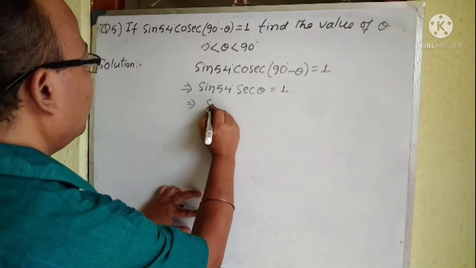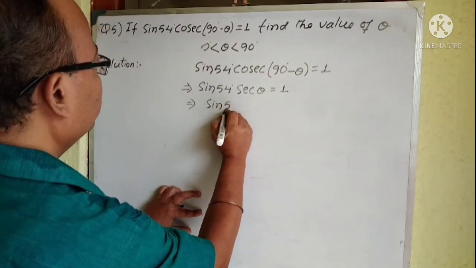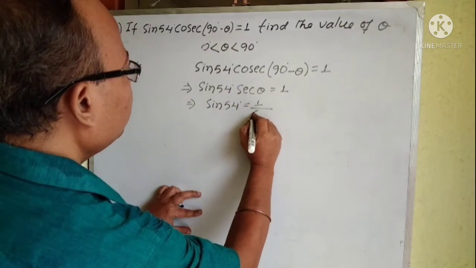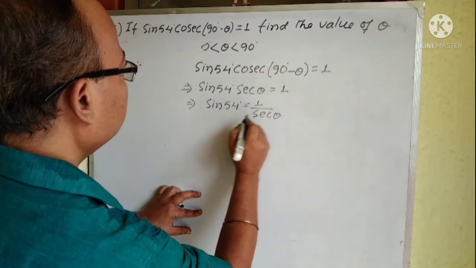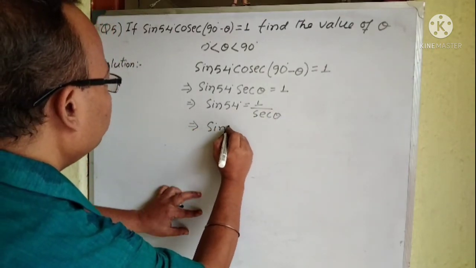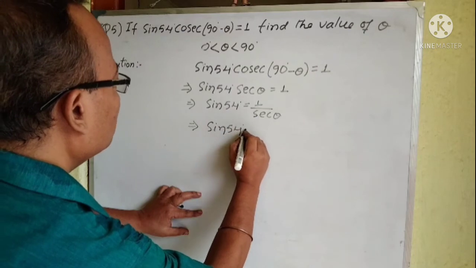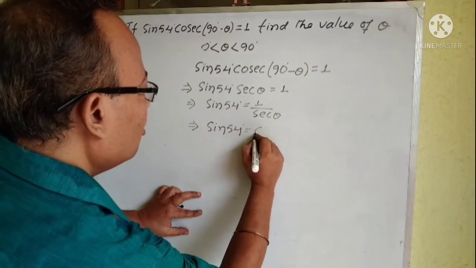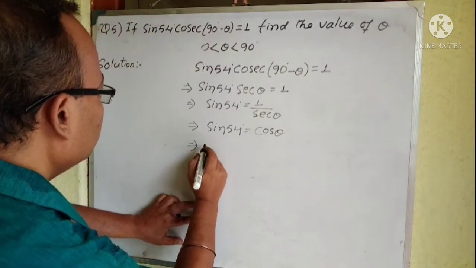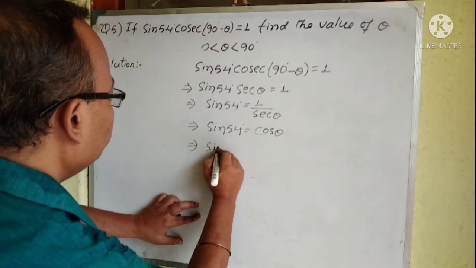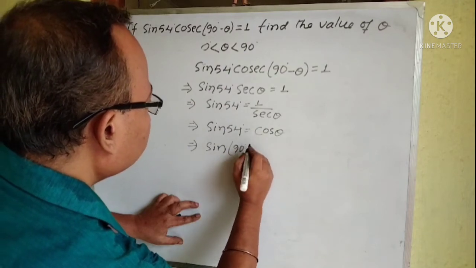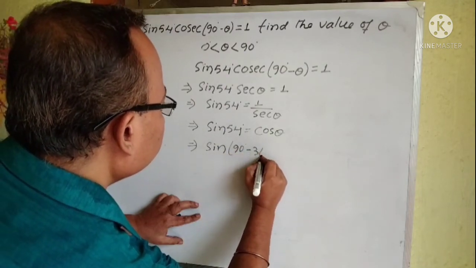So sine 54 degree, your sec theta will come this side, will become 1 by sec theta. So sine 54 degree is equal to 1 by sec theta, is how much? Is cos theta. Again, sine 54, you can write this as 90 degree minus how much? 36 degree.